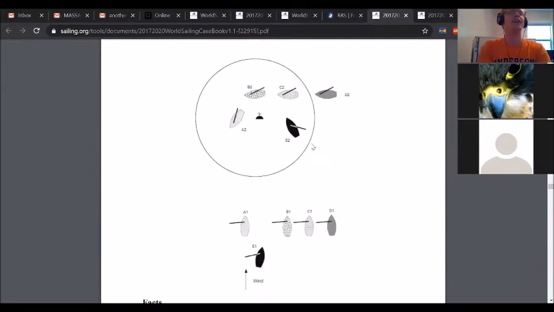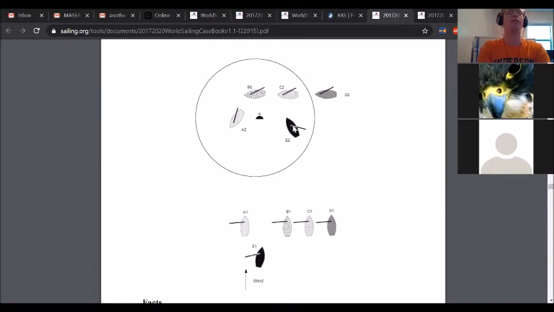Because as they get down to the mark, obviously B owes room to A, C owes room to B, D owes room to C. But once we get down here, because there's so many boats right here, D is actually outside of the zone, sorry. So E actually gets to the zone first before D does, which means that they are now the inside boat, right?